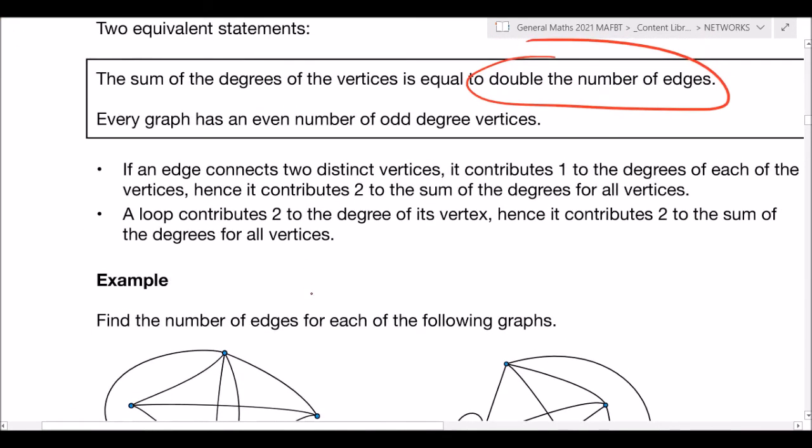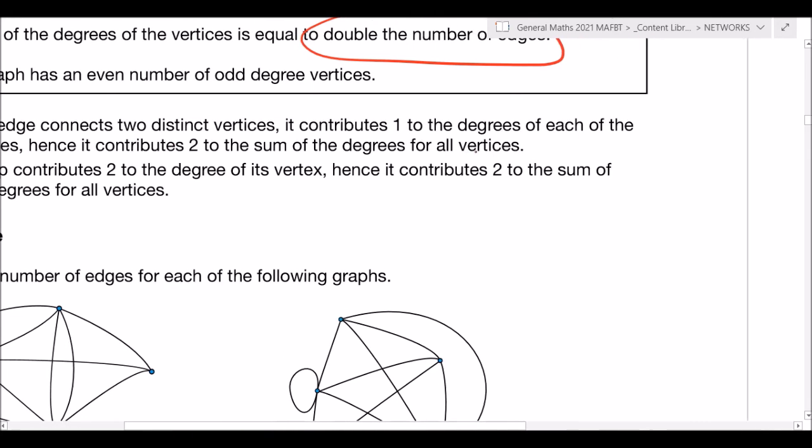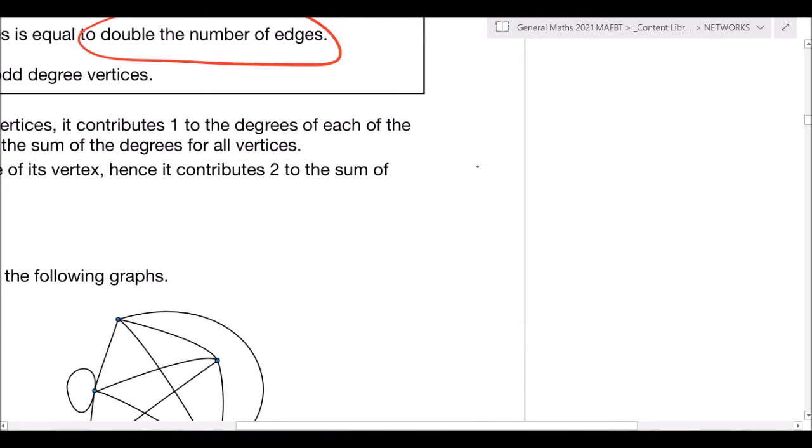If an edge connects two distinct vertices, it contributes one to the degree of each of the vertices. Hence, it contributes 2 to the sum of degrees for all vertices. So what that's saying is, say you've got two vertices connected by an edge.